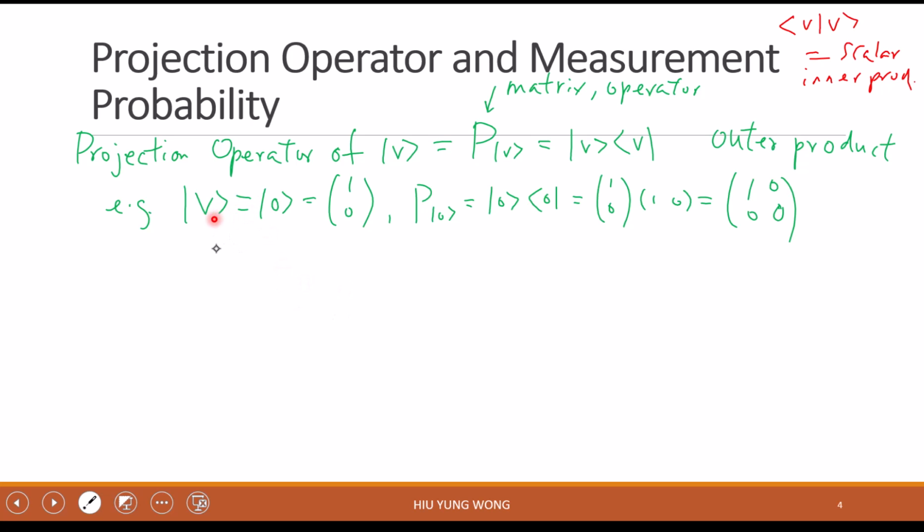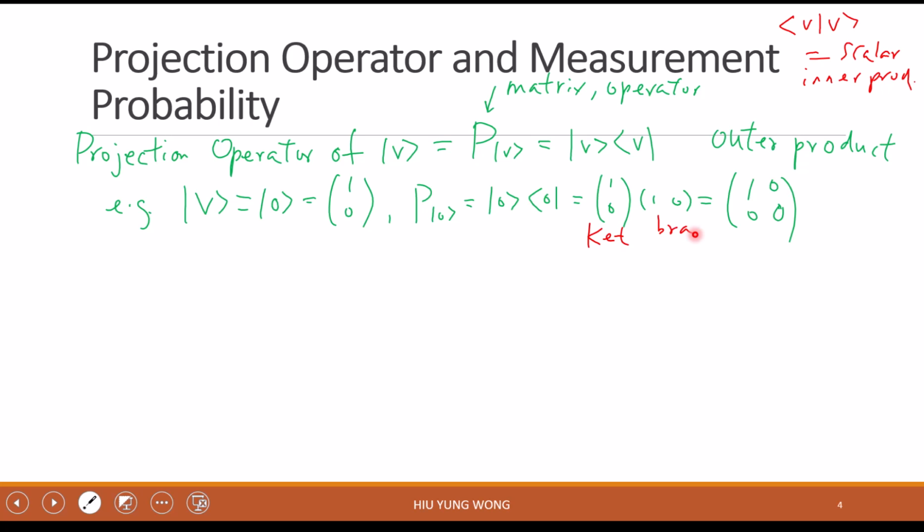And it's very easy to see. For example, if I say the V I'm interested in is 0. Let's say V is just 0, one of the basis vector. Then it is 1, 0 in column form. Right? Then what is the projection operator of 0? Then it will be the outer product of 0, which is 1, 0, the ket times the bra. Right? So again, this is the ket, this is the bra.